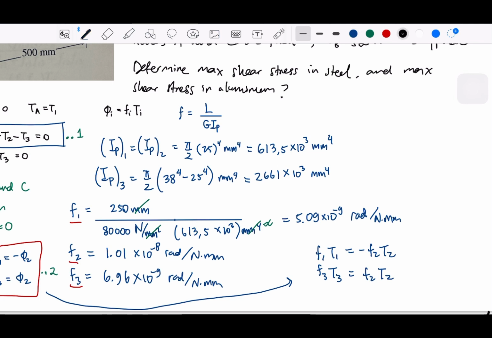And from these equations, we can input all the necessary information, and we get the results T1, T2, and T3.